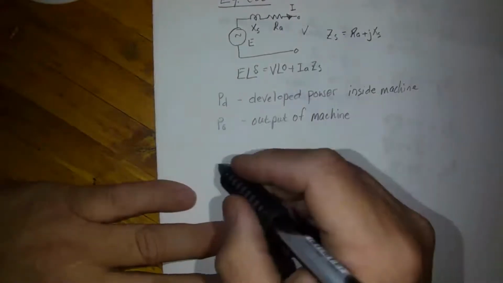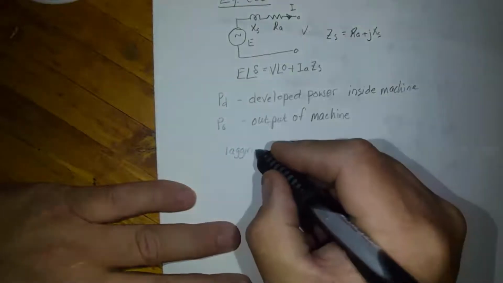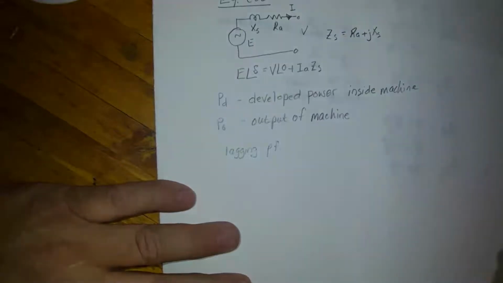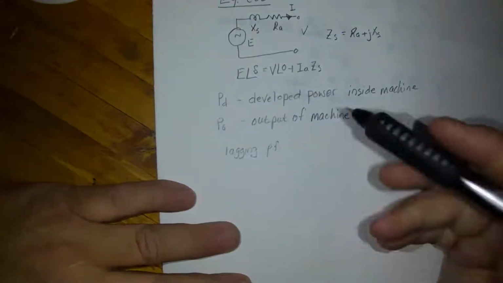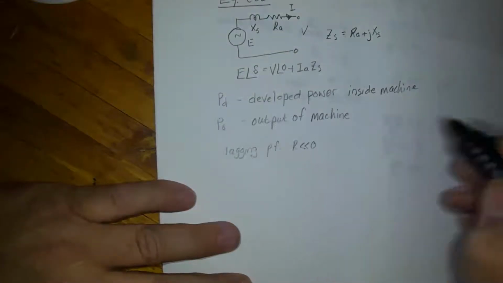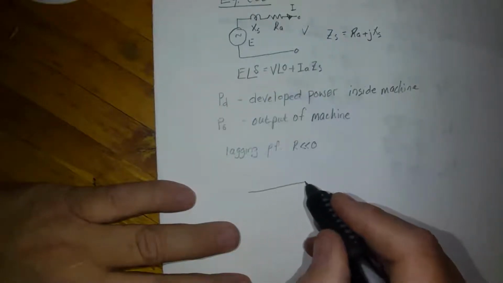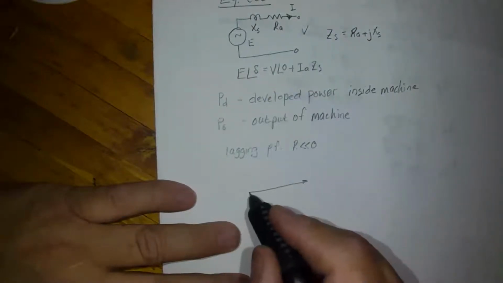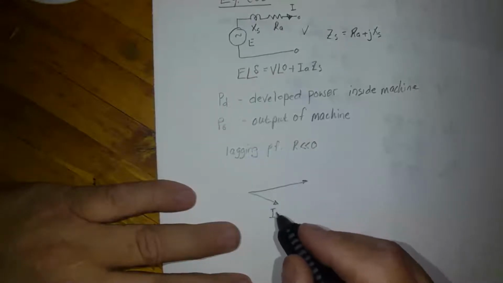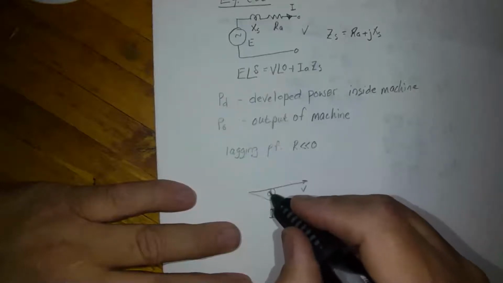Now, let's say we've got a lagging power factor, and R is negligible. That means we have the voltage and the current lagging by an angle phi.